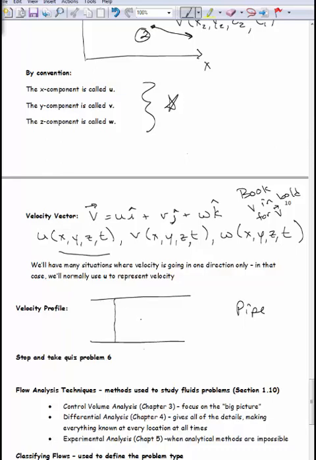It's actually highest in the middle, and it turns out to be 0 at the walls. You're going to get something like this. We draw little arrows indicating our velocity and how it's changing across the pipe. In this case, it's just changing with the r direction, the radial direction. So that's a velocity profile. We use those a lot.